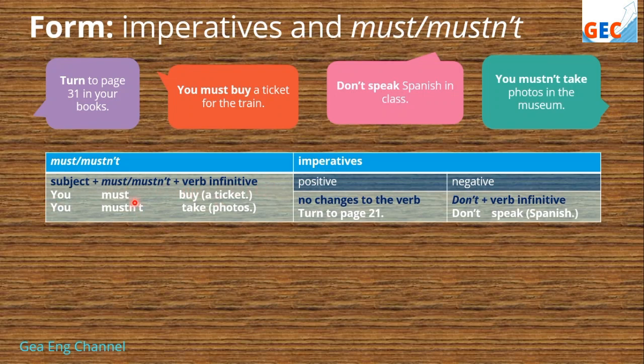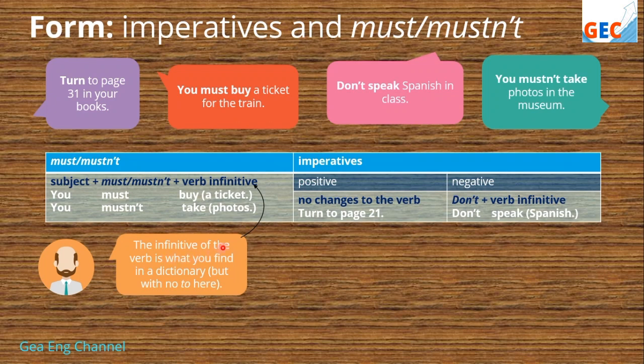For example, you must buy a ticket. You mustn't take photos. So you is the subject, must or mustn't, plus the verb infinitive, buy or take. For imperatives, positive, no change to the verb. It's turn to page 21. For negative, we use don't plus verb infinitive. Don't speak Spanish.